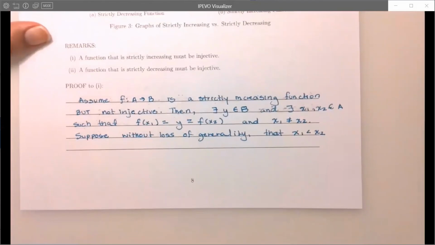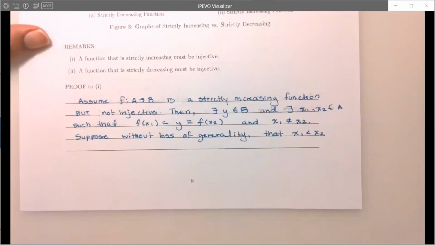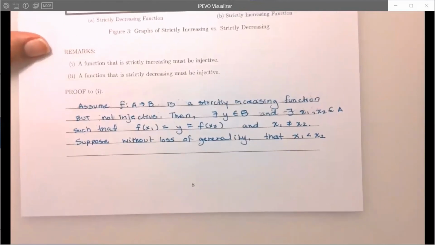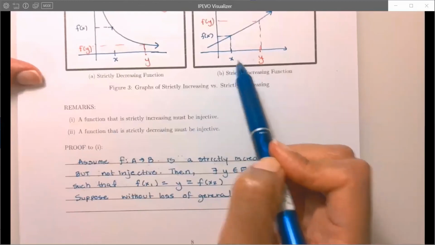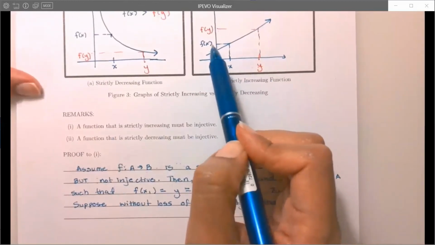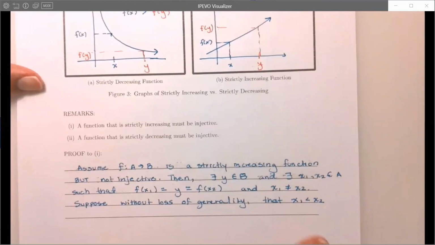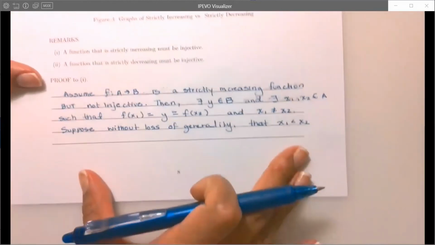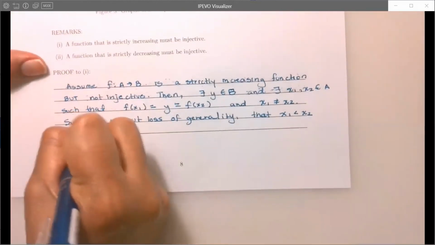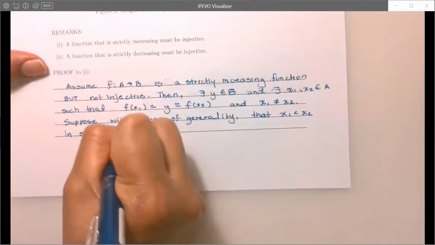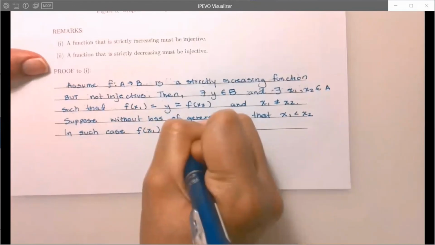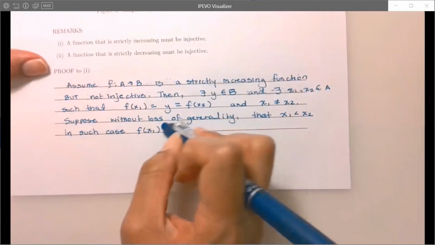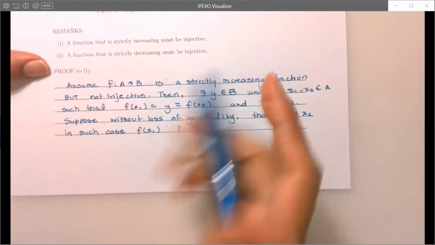Well, if x1 is less than x2 and f is a strictly increasing function, that means that we are in a situation where this is like x1 and this is like x2. That means that f of x1 has to be less than f of x2. So in such a case, f of x1 is strictly less than f of x2.